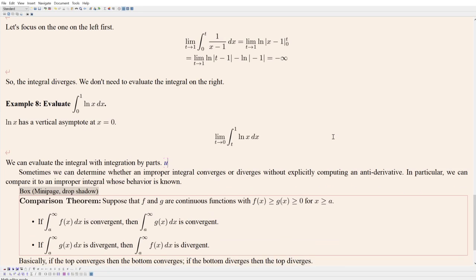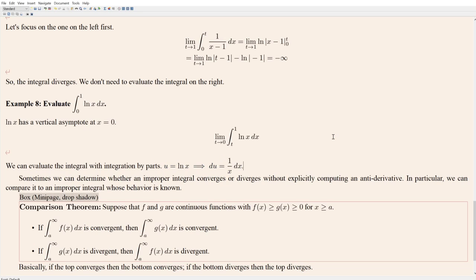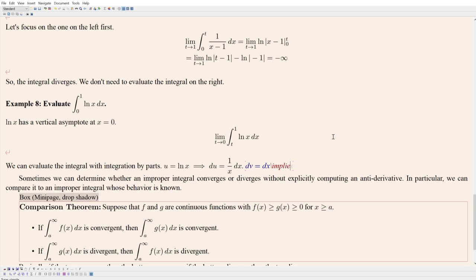Yeah, so the trick here is that you let u equal log x, and then du is equal to 1 over x dx. So if u is equal to log x, then that means dv has to equal dx, which means that v equals x.